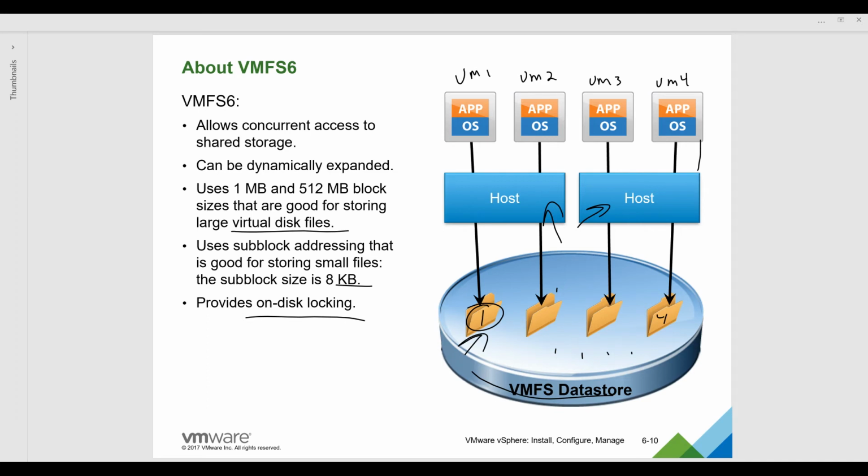It's also important to know that a virtual disk stored on a VMFS data store always appears to the virtual machine as a mounted SCSI device. The virtual disk hides the physical storage layer from the virtual machine's operating system. So why does it do it? We'll discuss that a little later on in this class.